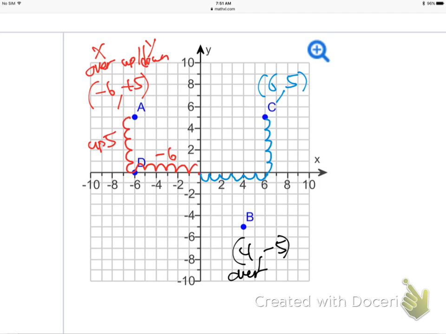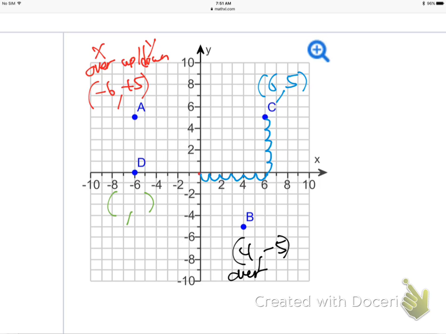And then finally, D. You're going to get the coordinates of point D. D might be a little more tricky.